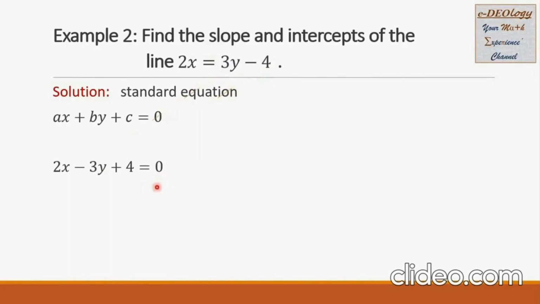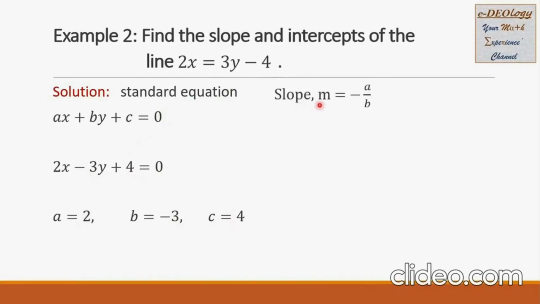And from here, we can now collect the values of a, b, and c. The a is the coefficient of x, that is equal to 2. The b is the coefficient of y, which is negative 3. C is the constant 4.